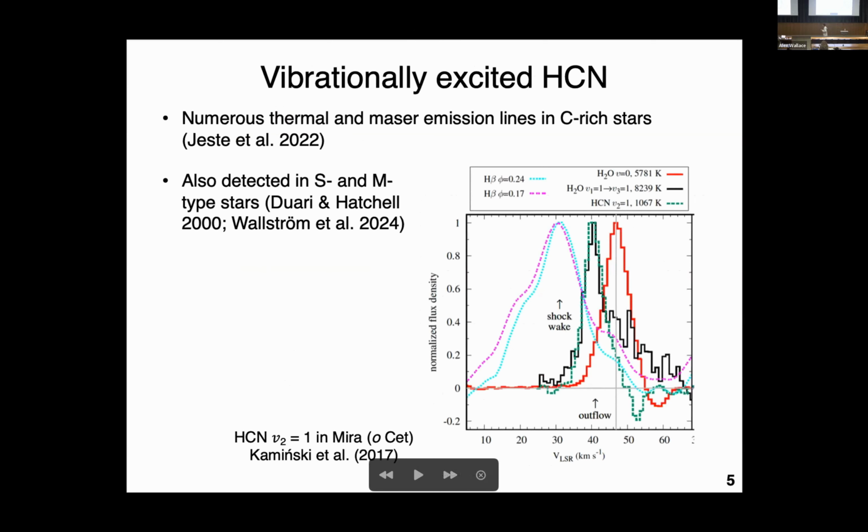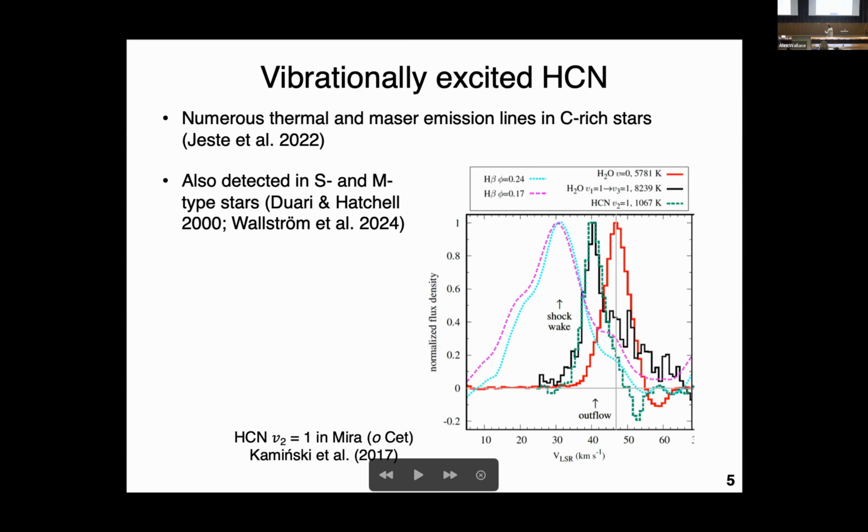Recently, Manali Jasti has conducted an APEX survey on a large number of carbon-rich stars, with many spectral setups covering many possible HCN transitions, and she discovered numerous thermal and maser emission lines in carbon-rich stars in the vibrationally excited state.